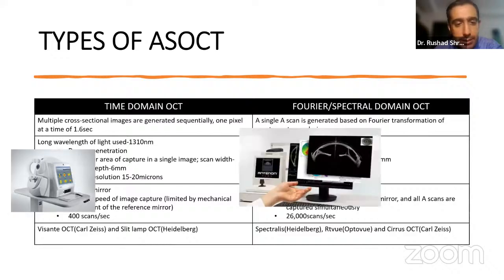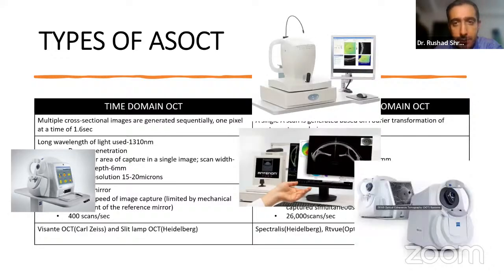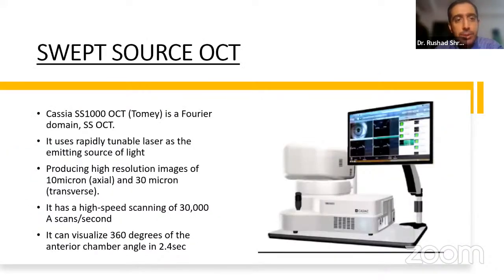These are the various imaging modalities from different companies. You can see the Visante and Heidelberg are time domain OCTs, and the Spectralis and RTVue from Optovue are Fourier domain OCTs. Swept source is a kind of Fourier domain OCT. It uses a rapidly tunable laser as the emitting source of light, and it produces high resolution images of 10 micron axial resolution and 30 microns transverse resolution.